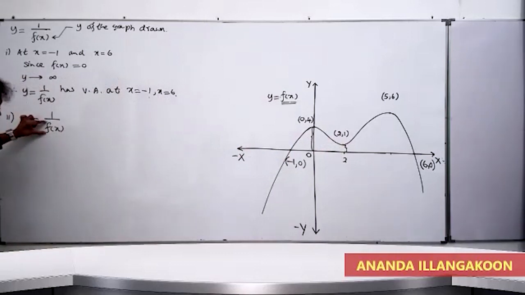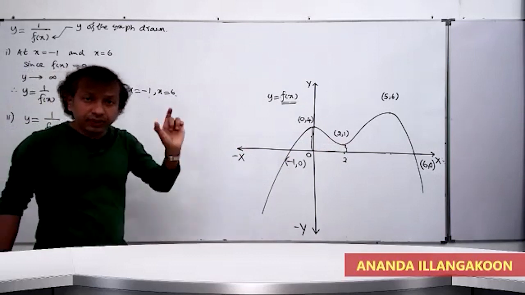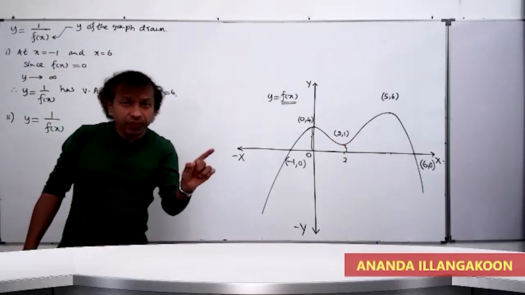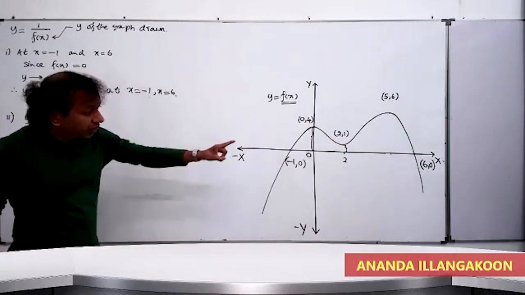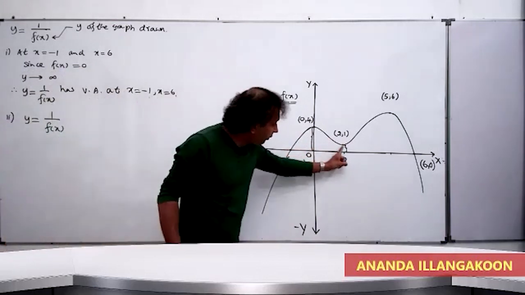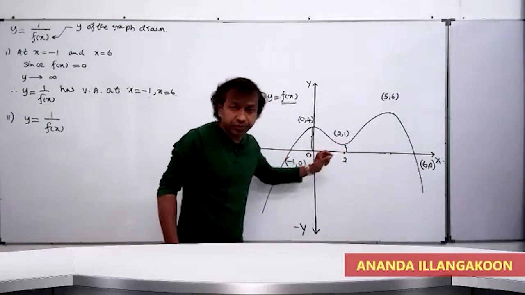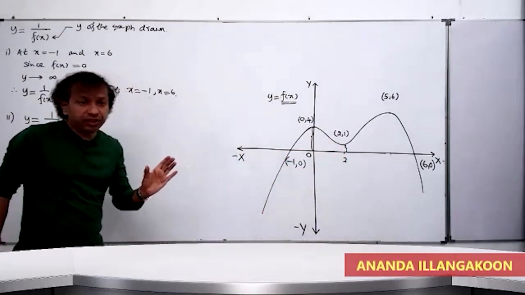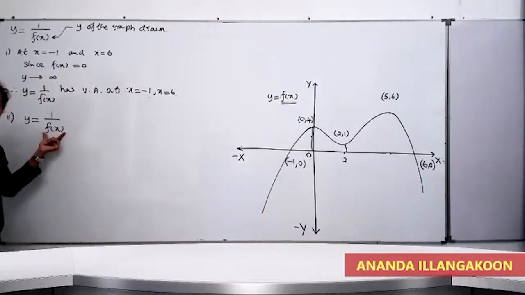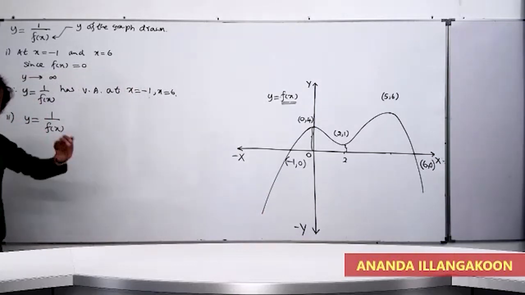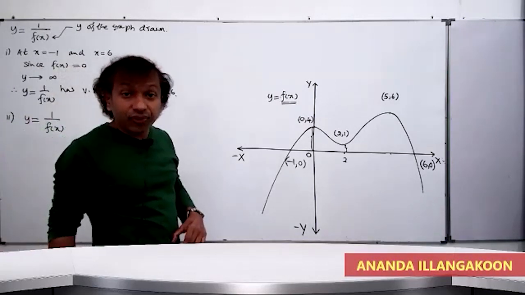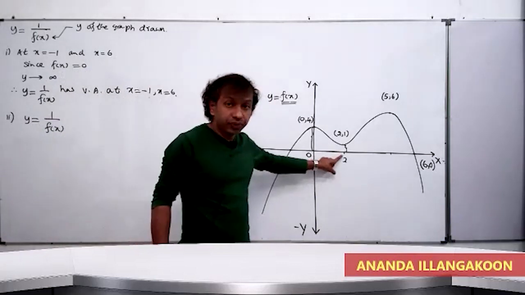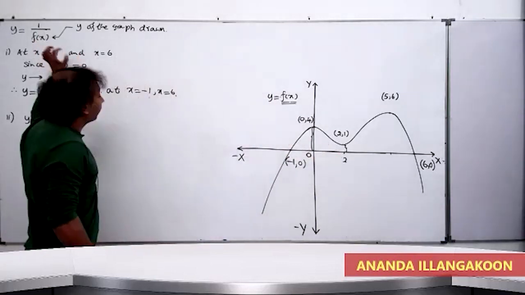When this f(x) is minimum, in a fraction, if the denominator is minimum, the fraction value is maximum, no? So therefore, people, since at x equals 2 this height is minimum, the denominator is minimum. When the denominator is minimum, what can we say about the fraction? The fraction takes a maximum.